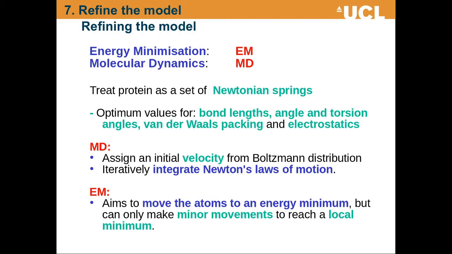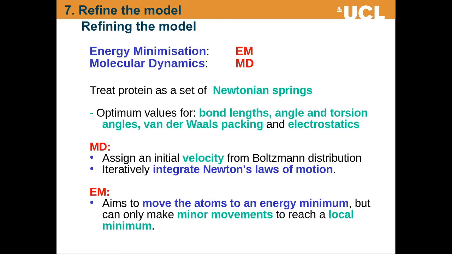However, the problem with energy minimization is that it can only make very small movements to atoms, and it can get stuck in what's known as a local minimum. So you can imagine a surface which is very rough, and at some point on that surface there is a real big dip in the surface, which would be the minimum energy position.